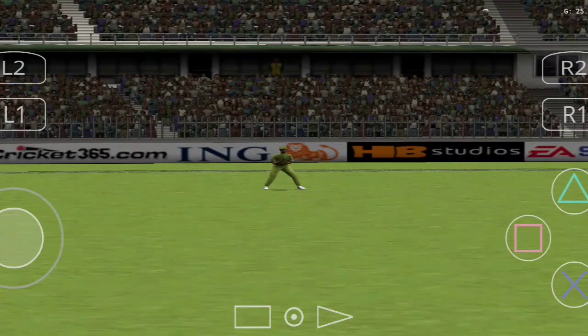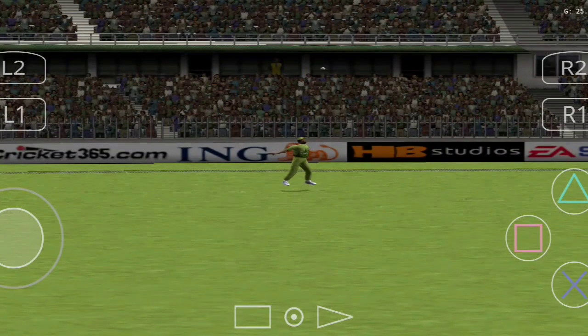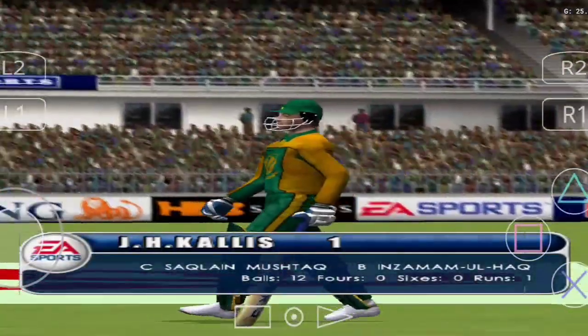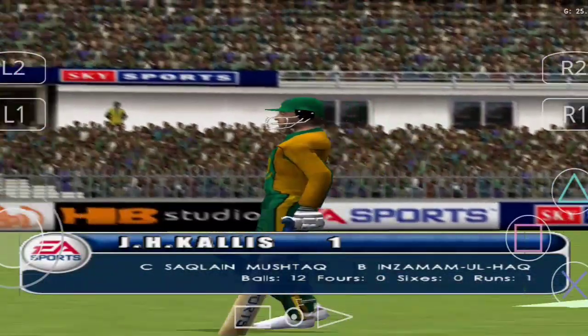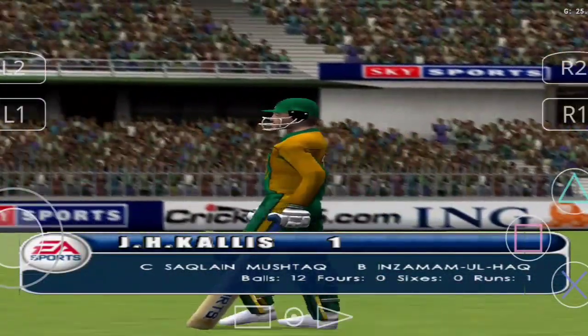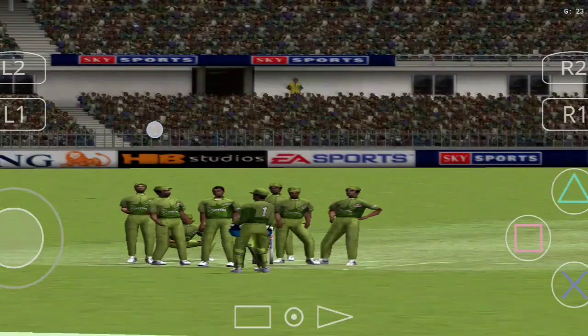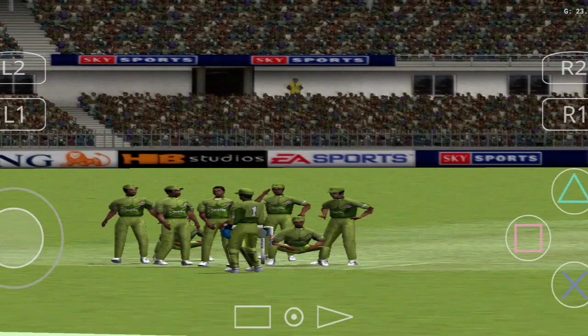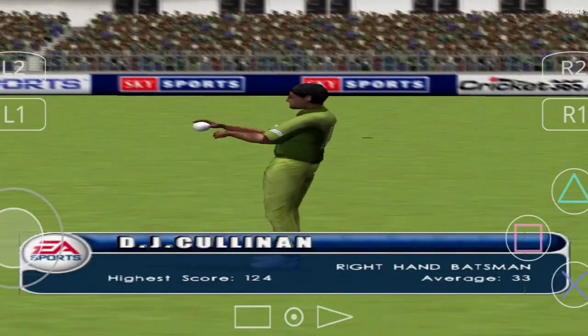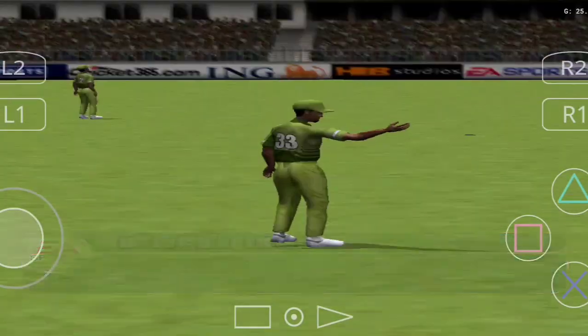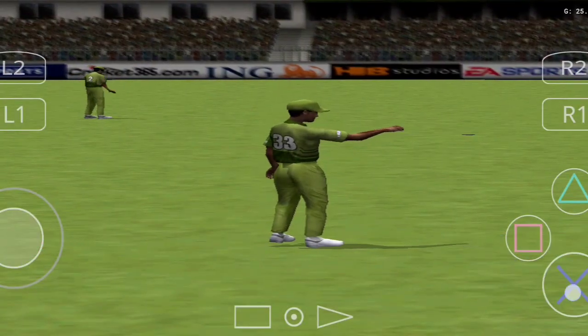For those of you watching at home, that's a good example of how to take a catch. So then, that's the end of Cullis. Well, he didn't get many out there. The next man in is Cullinan. Inzamam Haq gets his first wicket.